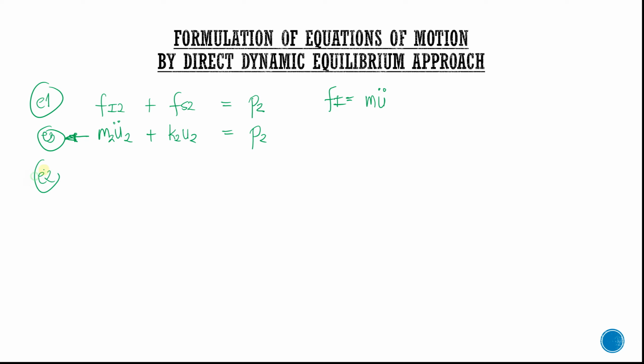Now let's rewrite again our equation 2. We have the inertial force for the first floor plus the static force for the first floor minus the static force for the second floor is equal to the dynamic force applied on the first floor. We have the M1 u double dot 1 plus the K1 u1 minus, by the way, we forgot.